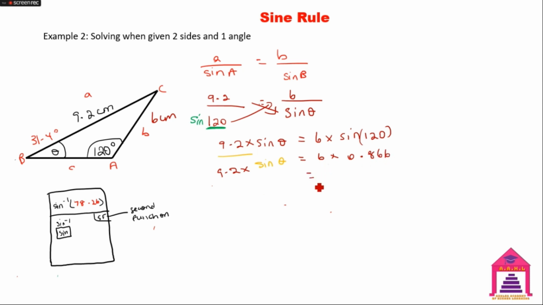We'll take this to 3 decimal places. 6 multiplied by 0.866 is going to give you 5.196.